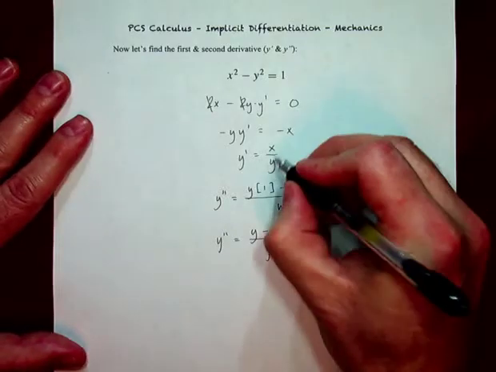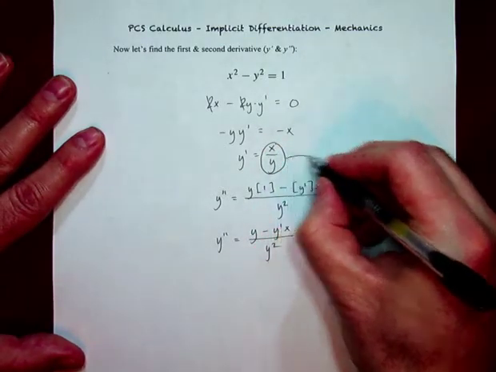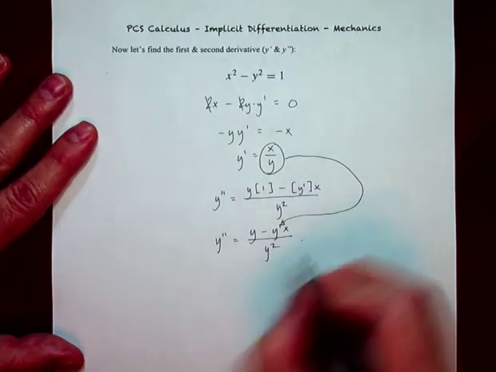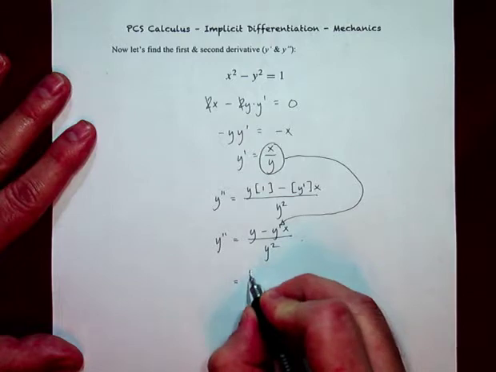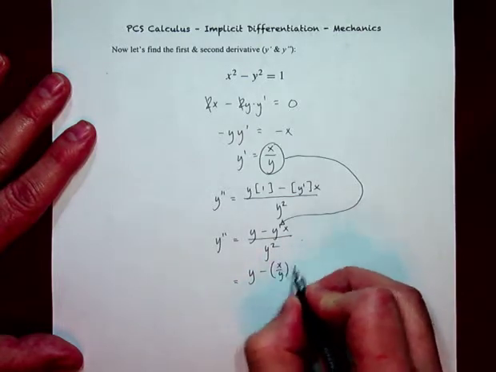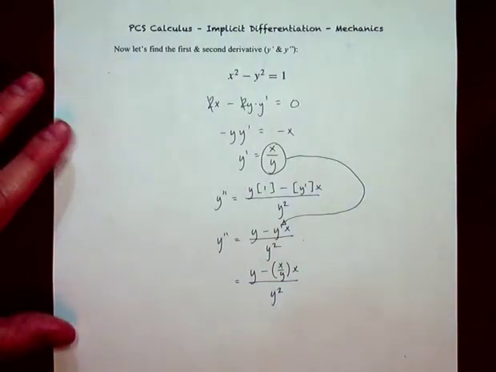So what happens is I need to take this expression, which is equivalent to y prime, and I need to drop it in here for the y prime. So I get y minus x over y times x over y squared. That is simply a complex fraction.